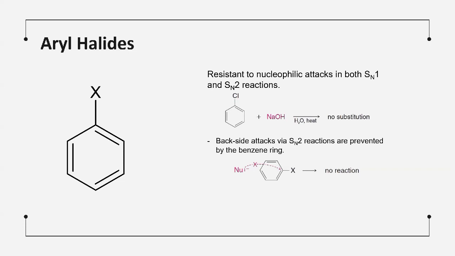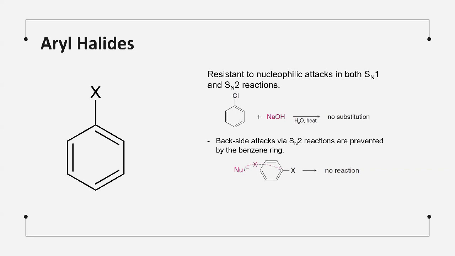However, this is difficult for the nucleophile since the planar geometry ng aryl halides natin would mean na the benzene ring would make the backside attack difficult due to steric hindrance.